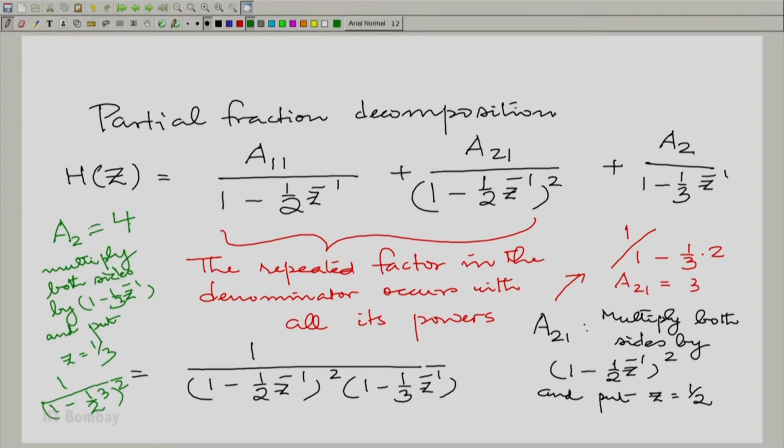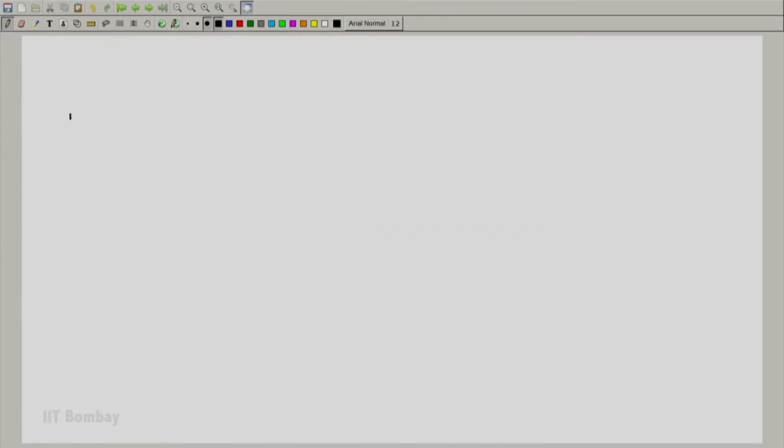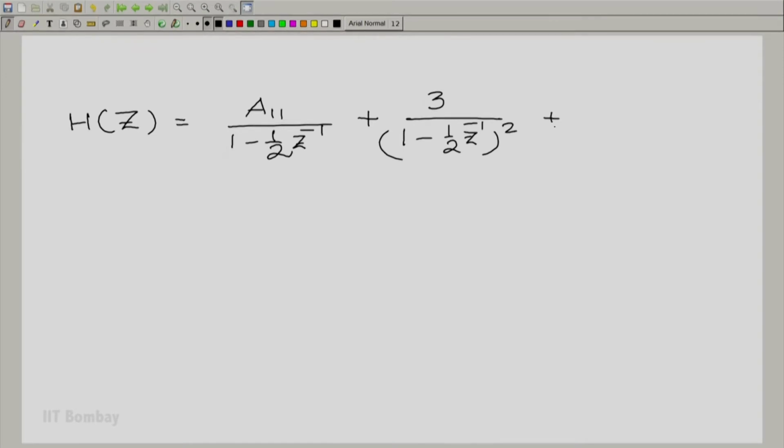And now there are different ways of finding A11 once you have done this. So, let us put down these two first. We have H of Z, and we have already calculated most of it: A11 divided by 1 minus half Z inverse, plus we have calculated A21 to be 3 and A2 to be 4.